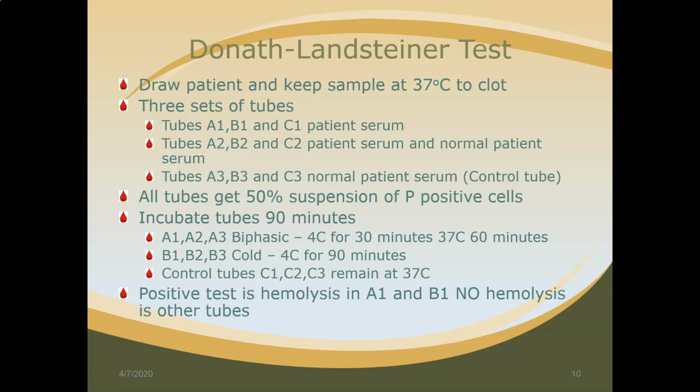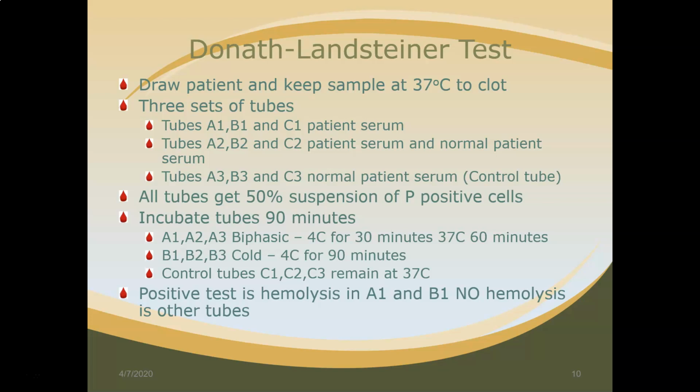All of the tubes get an equal volume of 50% solution of reagent cells that are positive for the P antigen. We incubate all tubes for 90 minutes. The first set, all of the A tubes, go biphasic.